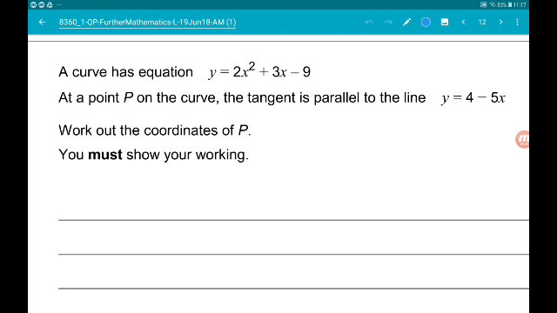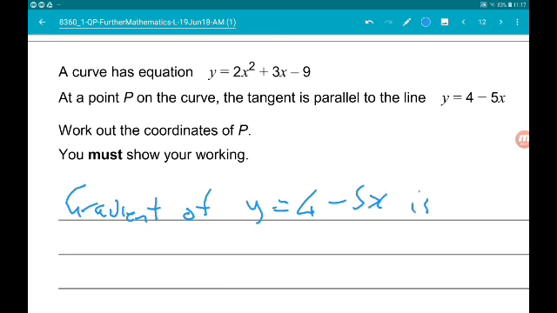We want to work out the coordinates of P. So, the gradient of y equals 4 minus 5x is minus 5.